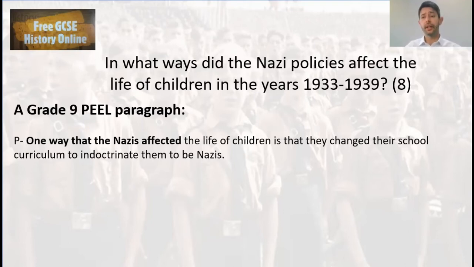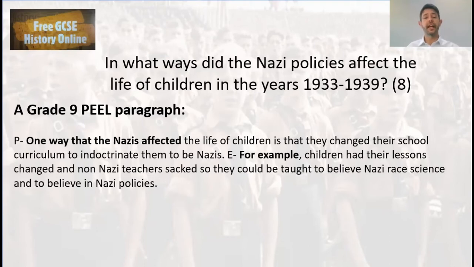But here we are. I'm going to go through an example and then you can try and do the second paragraph yourself if you want to practice some writing. So for the evidence, we could say that the children had their lessons changed, all non-Nazi teachers were sacked and they started to study a Nazi curriculum, maybe talking about race science, to believe in Nazi policies. So how did this affect their lives? We've been given the evidence, now we've got to explain this changed their lives because.